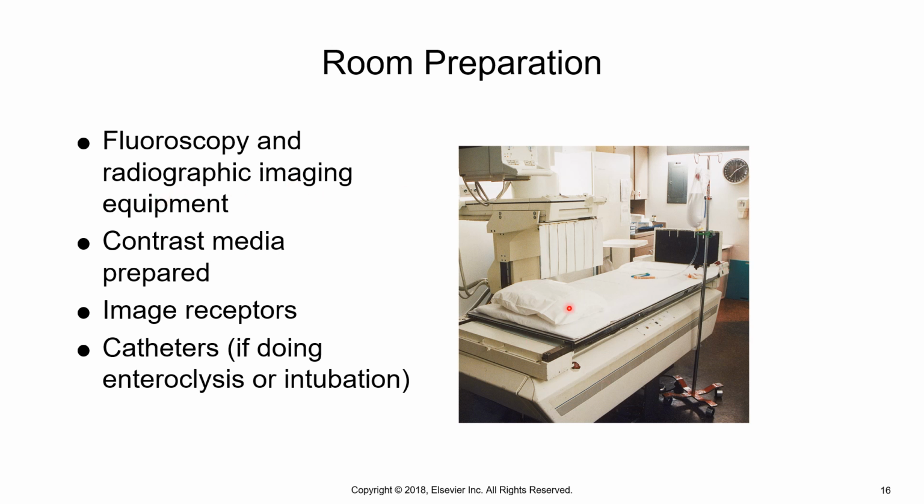You would get the table prepared, your fluoro tower prepared, your contrast media prepared, and any image receptors that you were going to use. If you were doing an enteroclysis or the intubation method, you would also have to have the catheters that would be necessary for that.